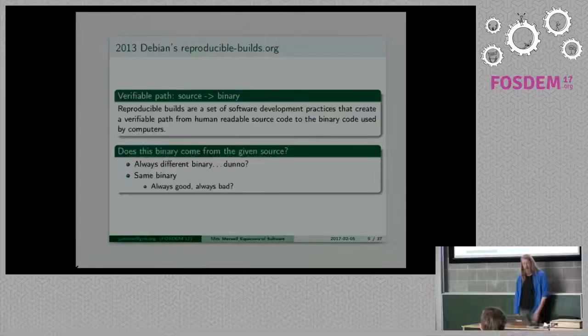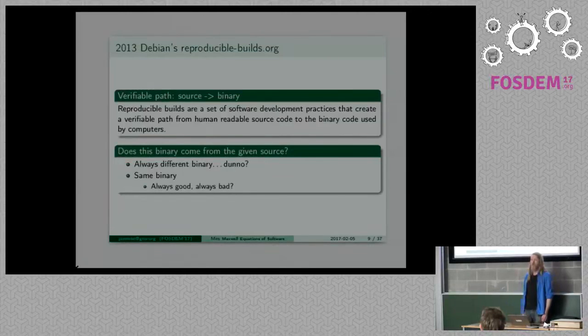Is there any way to ascertain that? Well, you can study the compiler and you can see what assembly comes out, but that's very cumbersome. You would maybe have to do that again because it looks different.